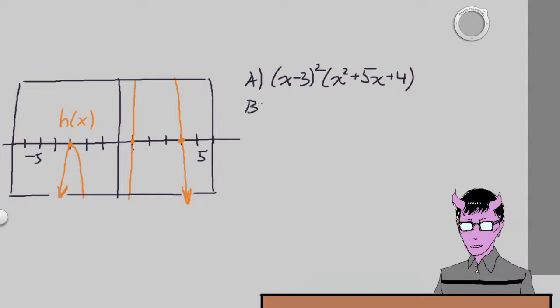Option B. X squared minus x minus 12 times x minus 1. Option C. It's an x squared plus 2x minus 3.